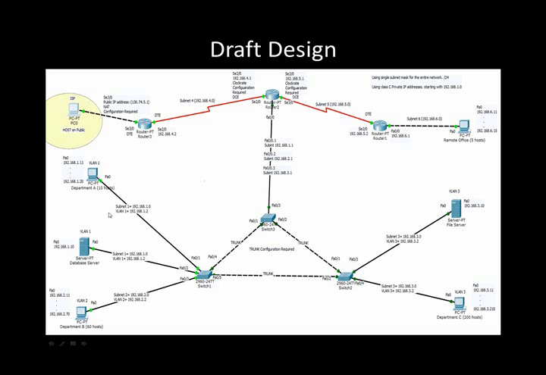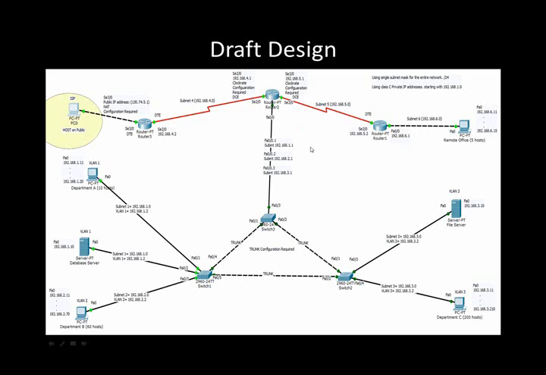We need to have an interface VLAN IP address set up in order to be able to access that VLAN to be configured, but we don't need to configure anything right now. We just need to create VLANs in each switch and make those ports accessible through those VLANs.